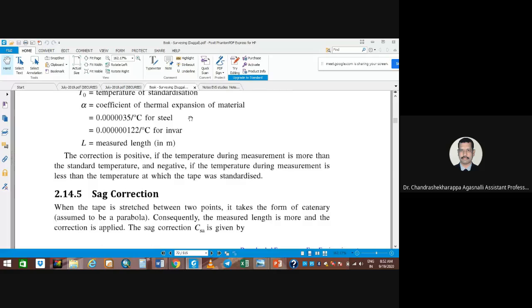This is for steel, or other tapes like invar tape. L is the measured length. The correction is positive if the temperature during the measurement is more than the standard temperature, and negative if the temperature during the measurement is less than the temperature at which the tape was standardized.